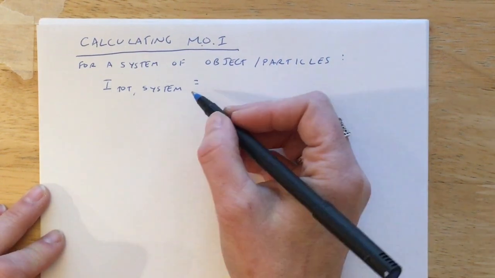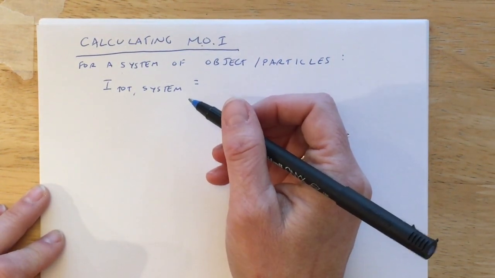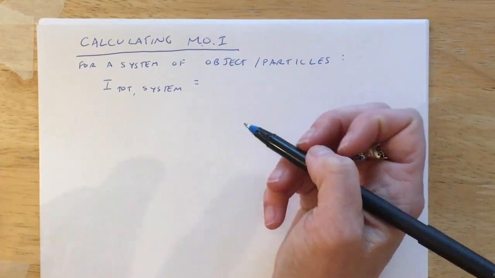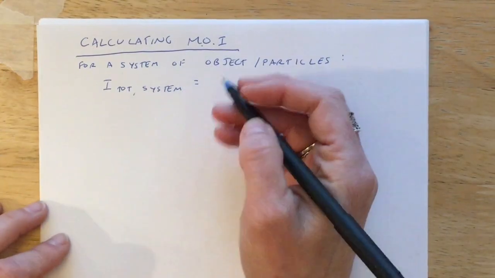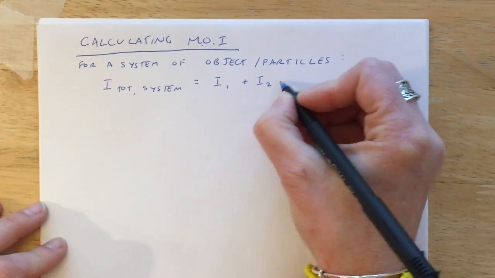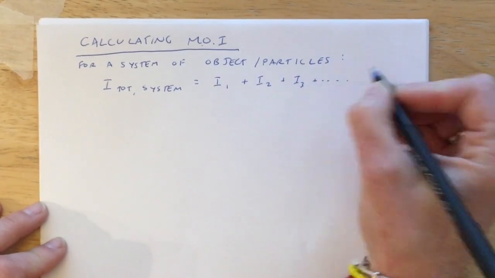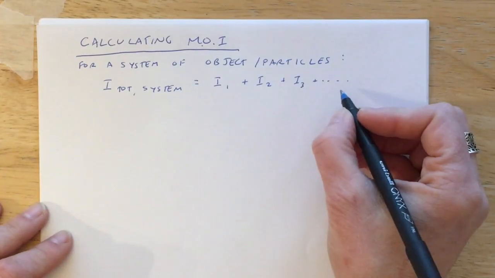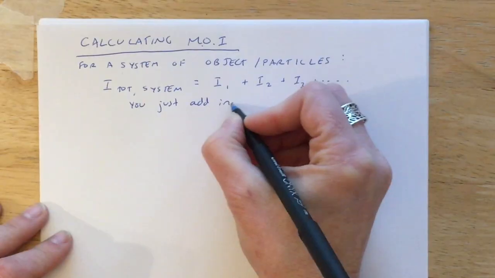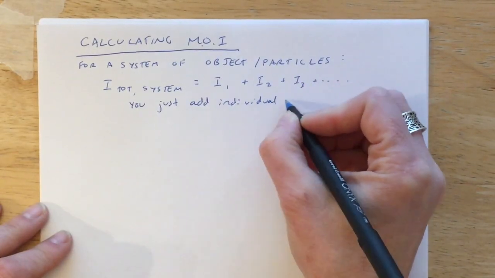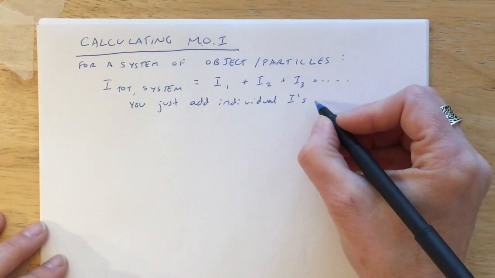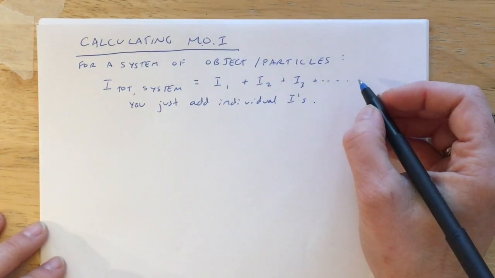And so in this case, we know that if we had a bunch of objects and particles together, the total mass would just be the sum of their masses, the sum of their linear inertias. Here it would be the sum of their rotational inertia. So it would just be I1 plus I2 plus I3 plus etc. So you just add the individual I's to get the total moment of inertia of a system.